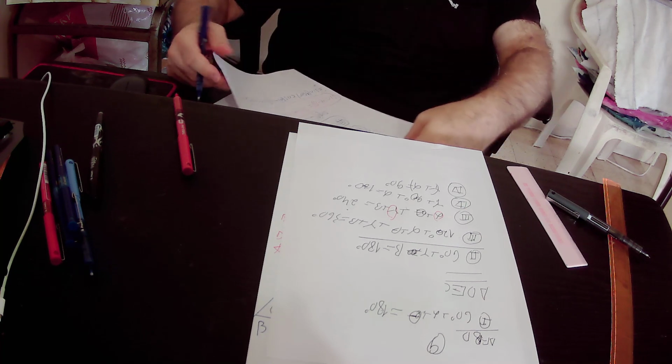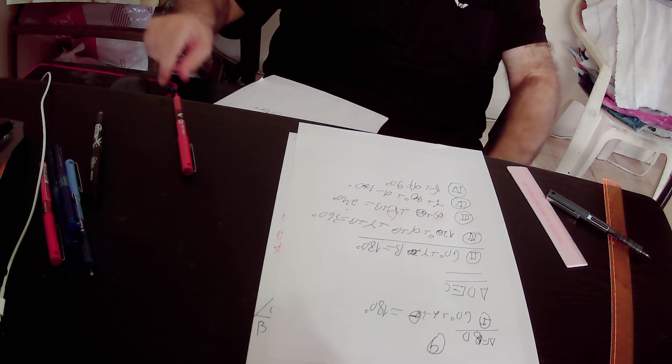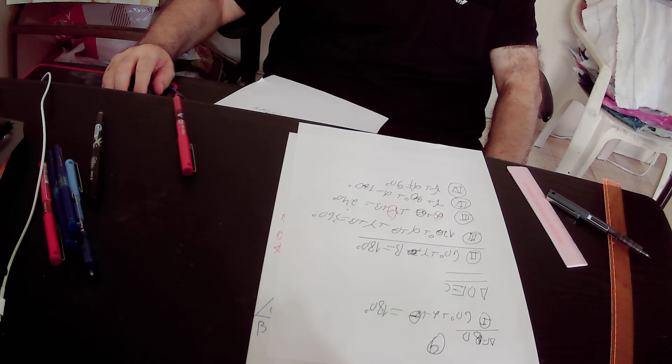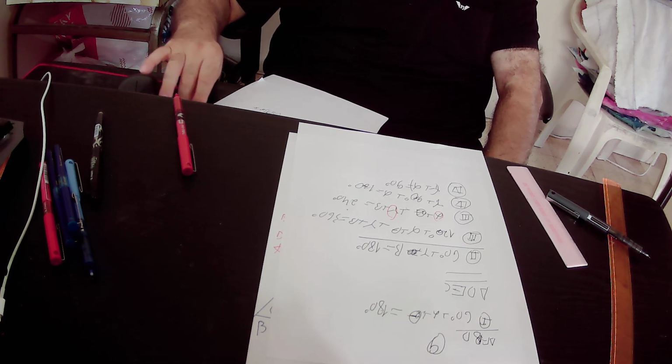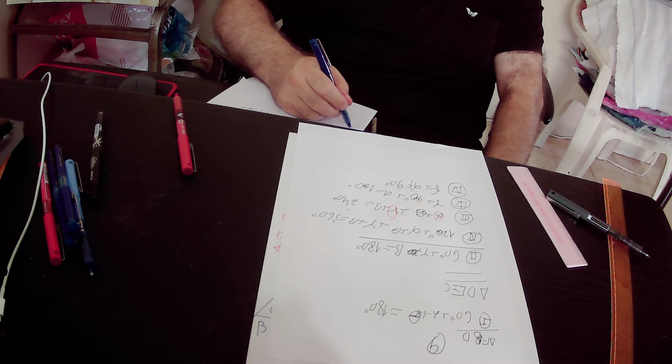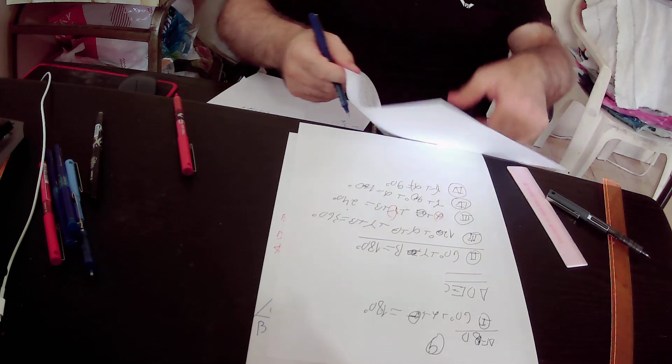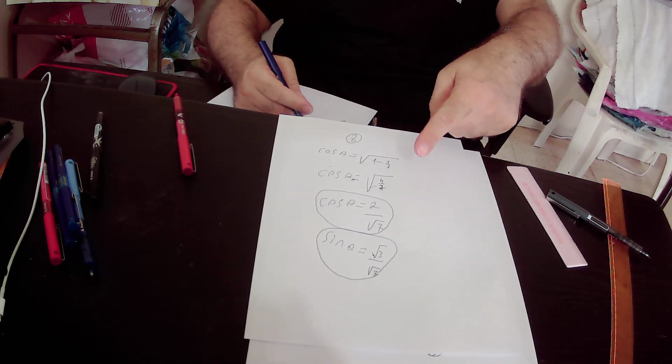So sinus 150 degrees equals 1 over 2, and we have already found the value of cosinus theta.